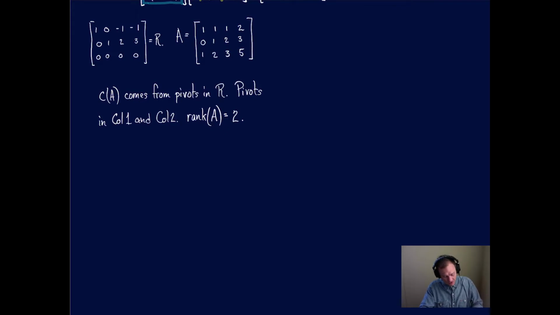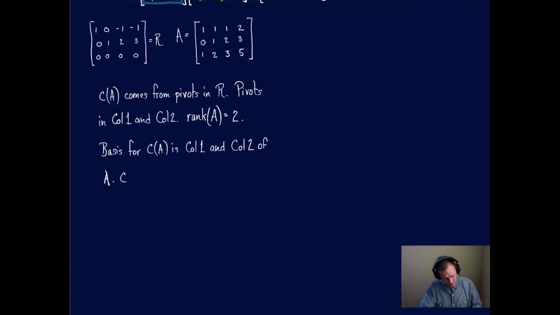So notice this. So the basis for column space of A is column 1 and column 2 of A. So I'm going to write this.